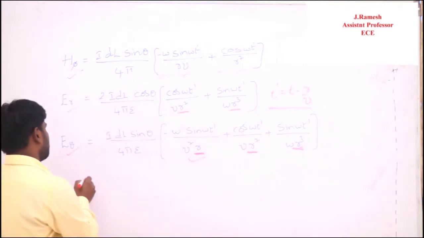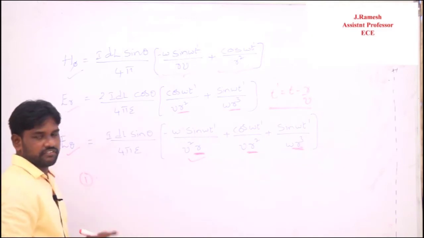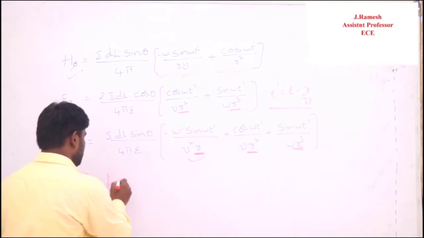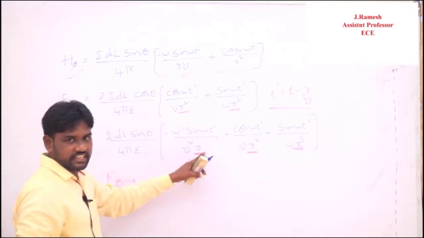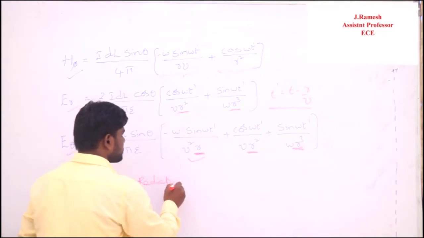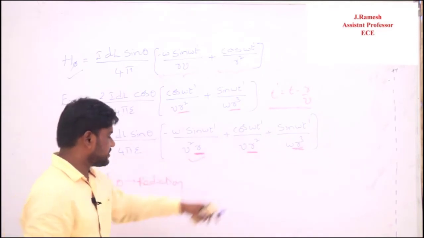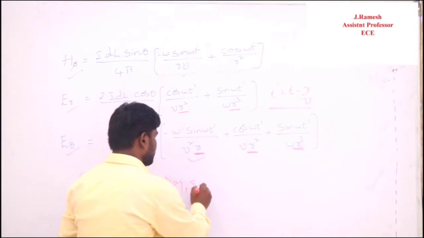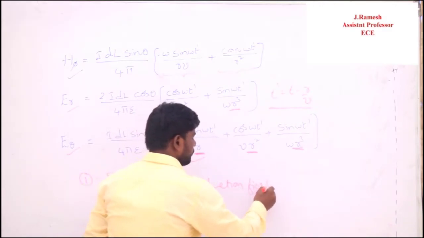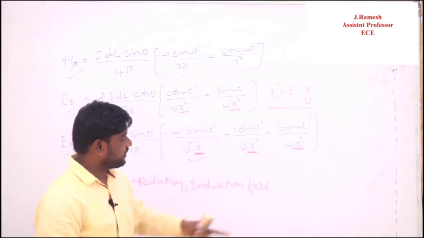So from the electric field components, my first significance is that the E theta component consists of a radiation field component. We all know that this is a radiation field, and it also consists of another field, that is the induction field. Now one more field is also there.